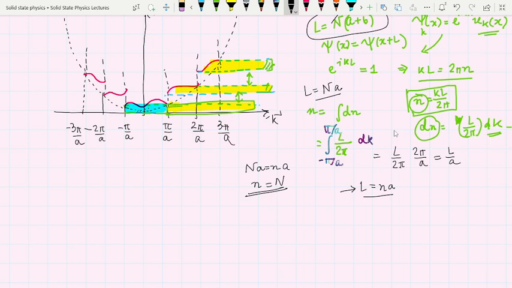If we consider the spin of the electron, then one state can be occupied by two particles, a maximum of two particles. So the number of electrons in a band is 2N, if we consider the Pauli exclusion principle.